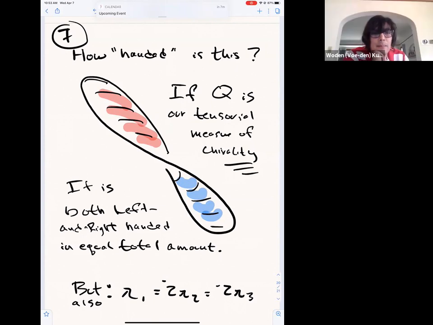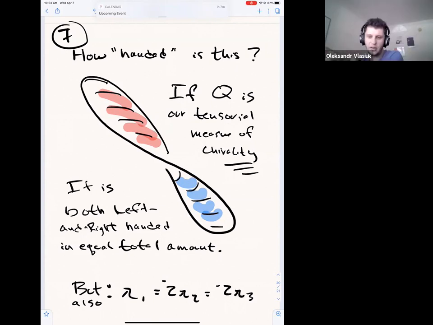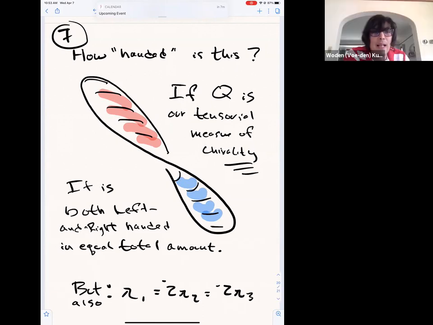But you can have two things that have zero tensors, and you add them up, and it's no longer zero. You can have two things which are non-chiral, and then you glue them together, and that becomes chiral. So this still fails this last condition, that you want zero only on achiral objects.